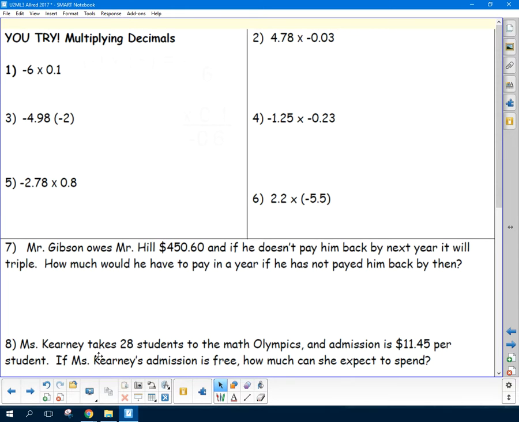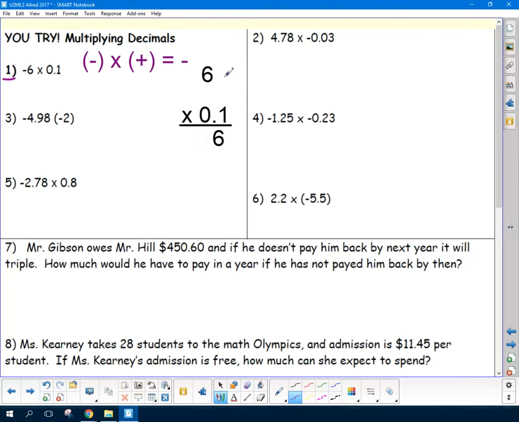One more example. Number 1, right here on the back of your mini lesson, says -6 times +1/10. I want to remind you that a negative times a positive equals a negative, okay? So we're going to do 6 times 1. What is 6 times 1, ladies and gentlemen? That's right. It's 6, okay? Then what I need to do is count the total number of decimal places in each factor.